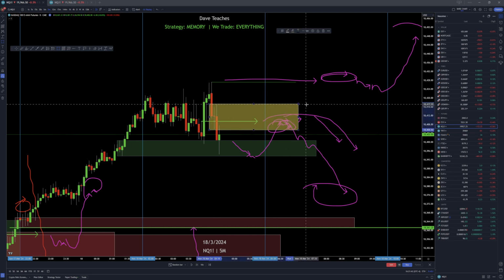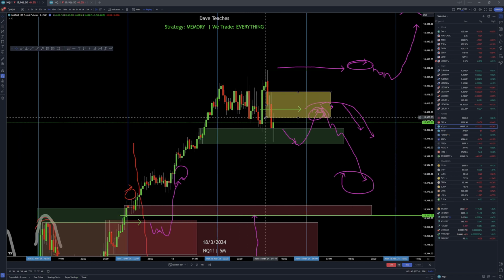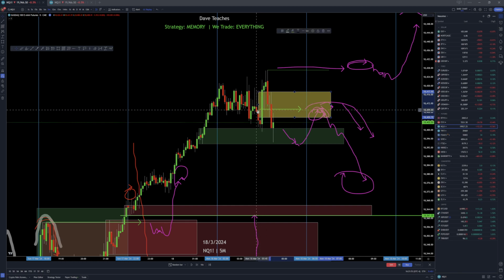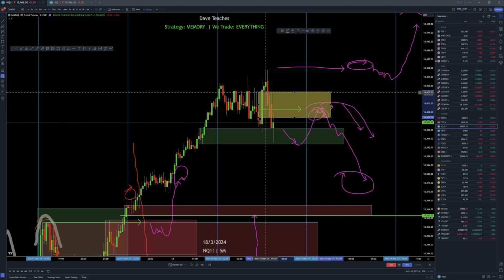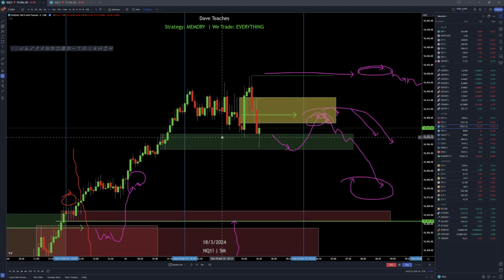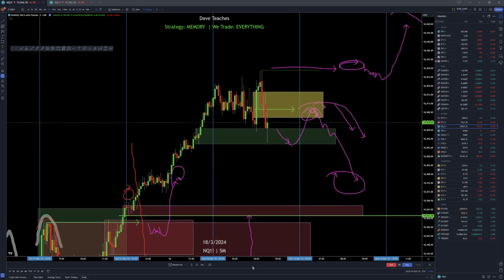So again, this is, yeah, all right. Somebody said I want to see price at least tag consolidation at 2,300.